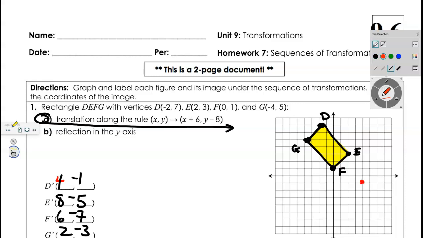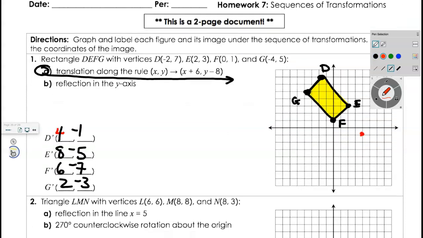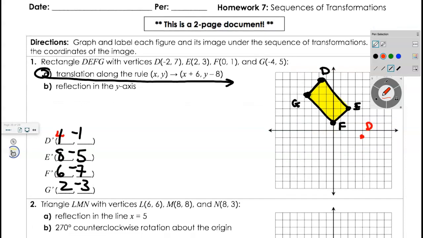If it doesn't make a rectangle, I'm going to go fix my dots. Mine looks super.